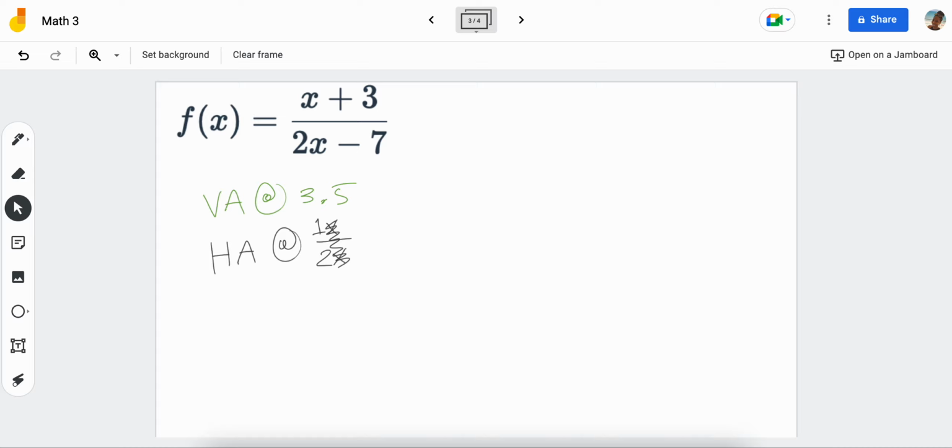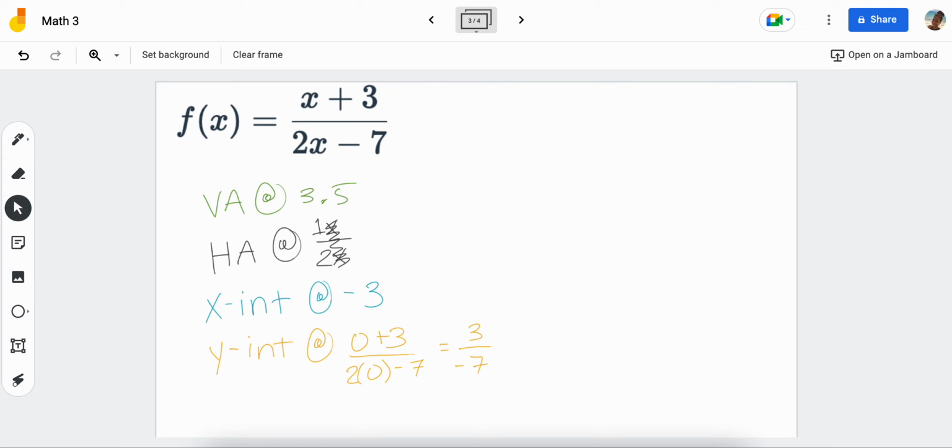We have x-intercepts when y is equal to 0, right? So when our numerator is equal to 0, that'll be -3. And we have a y-intercept when x is equal to 0. So if I set all my x's equal to 0, this will give me 3 over -7.